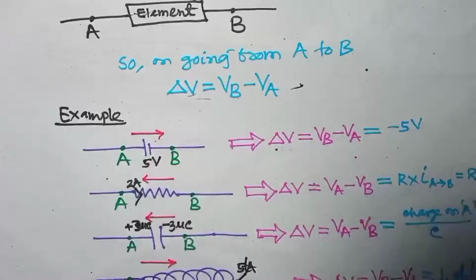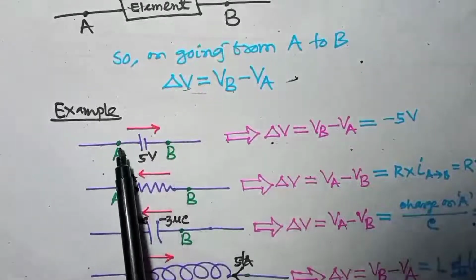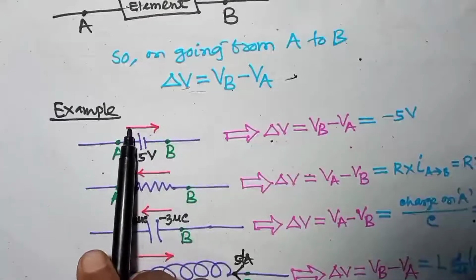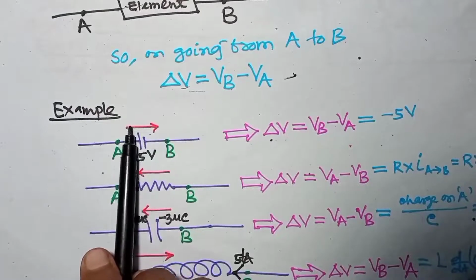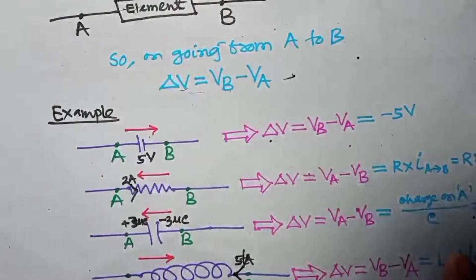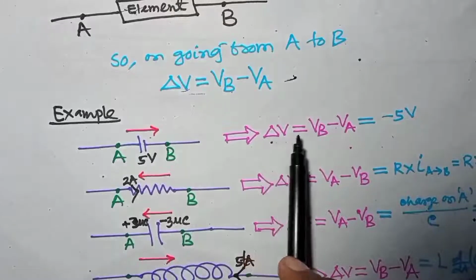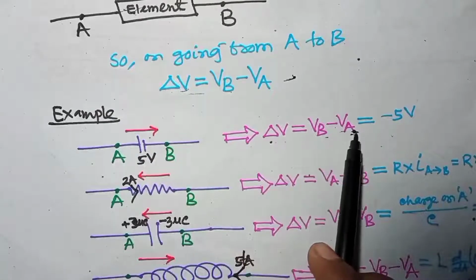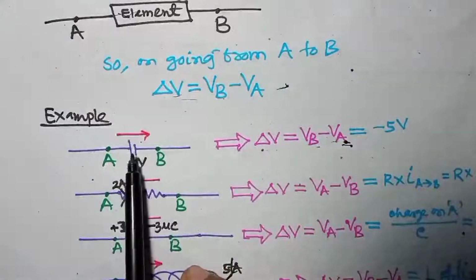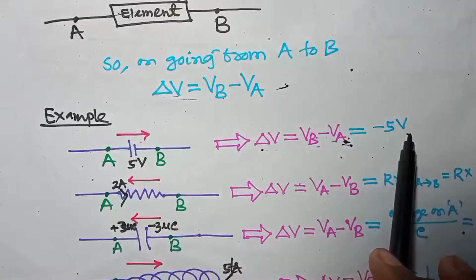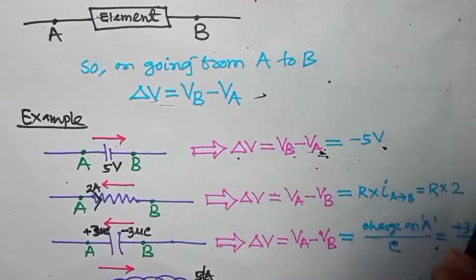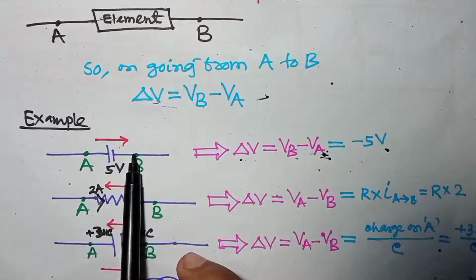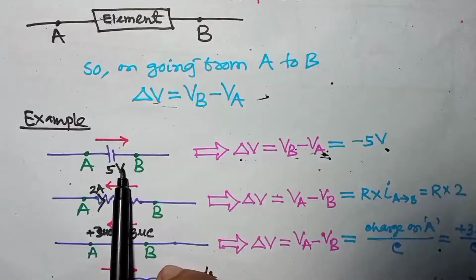So let's say I have a battery and this is the terminal A, terminal B. Okay, the EMF of the battery is 5 volt and we are moving in this direction from A to B. Then in that case, the change in potential, that is the del V, will be VB minus VA, because we are going from A to B. And we know that VB minus VA will be minus 5 volt, because we have seen that in case of battery, the potential of higher side minus the potential of lower potential side is always equal to the EMF.